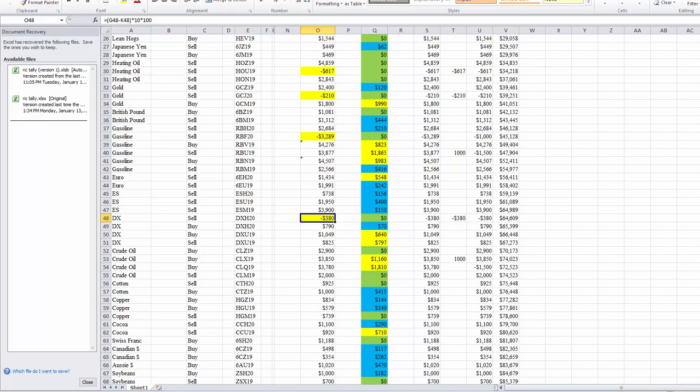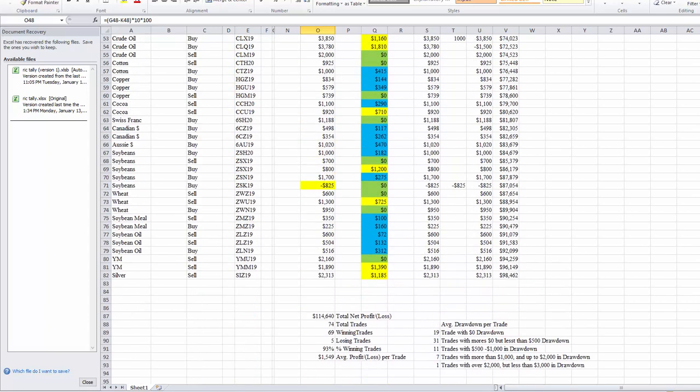So he did his study, and what he found was he wound up with a whole bunch of winners and a few losers. I made a little modification, not to the system itself but to the criteria, and I'll show you what I mean.